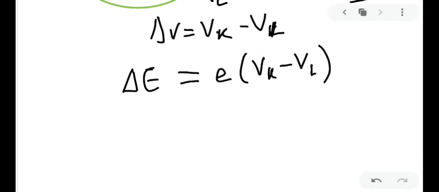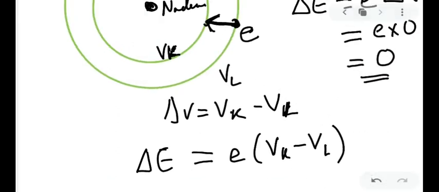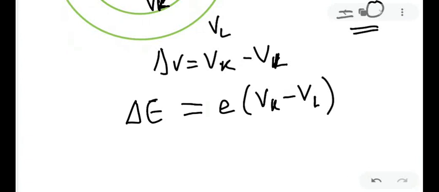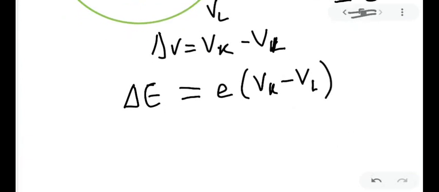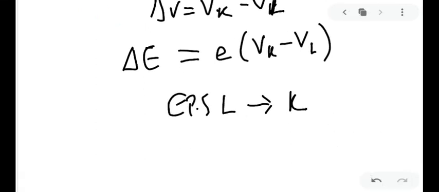So that is the energy required to move the charge from the equipotential surface L to K. My question is whether you will have to give energy or whether it will release energy. It depends on the sign here.